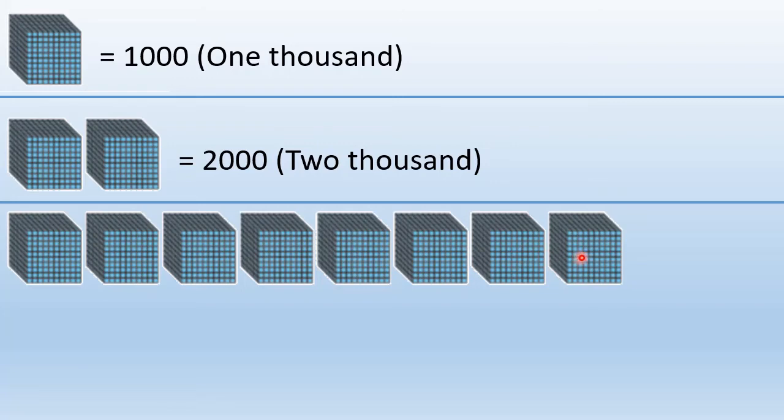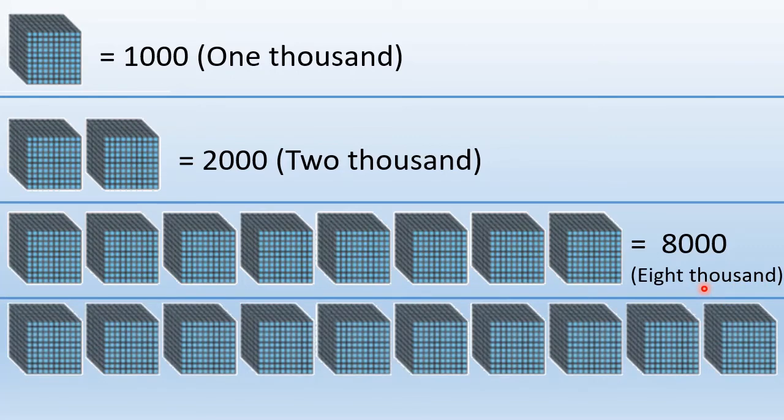Yes, the number represented by 8 blocks of beads is equal to 8000. 8000 is written as 8 followed by 3 zeros. You should remember the place values also: ones place, tens place, hundreds place, and this is thousands place. 8 is in the thousands place. So this represents the number 8000. The number name is EIGHT THOUSAND, 8000.